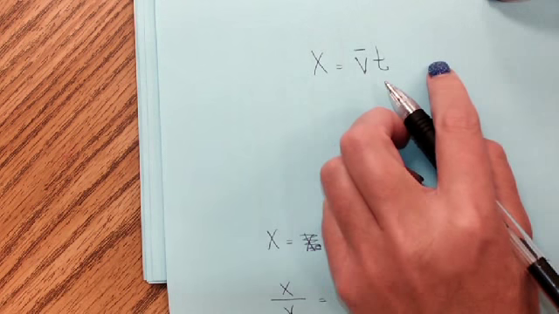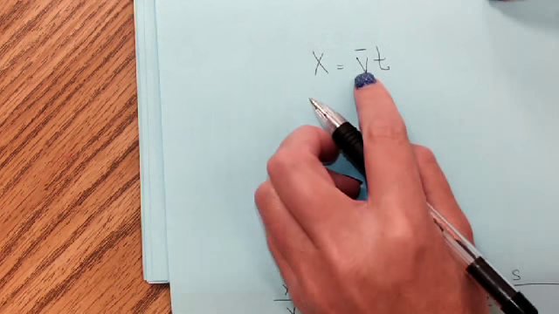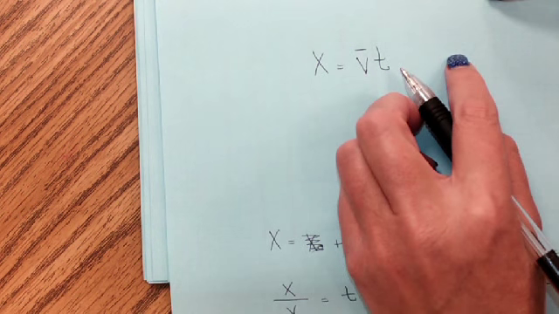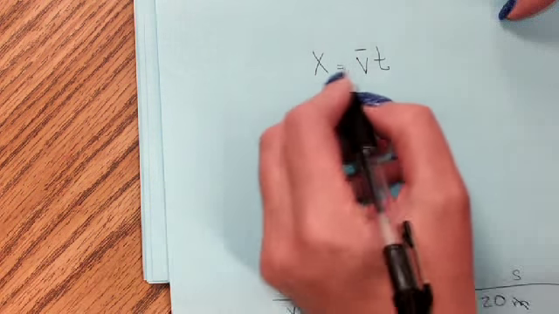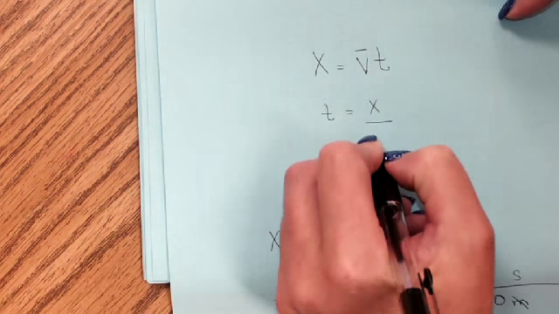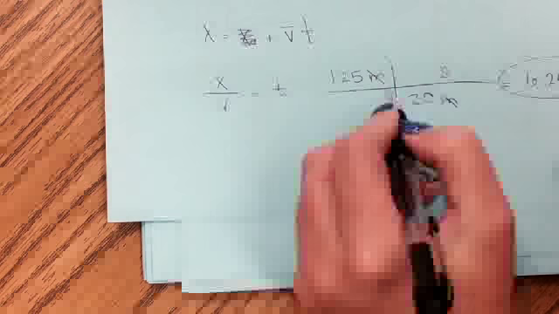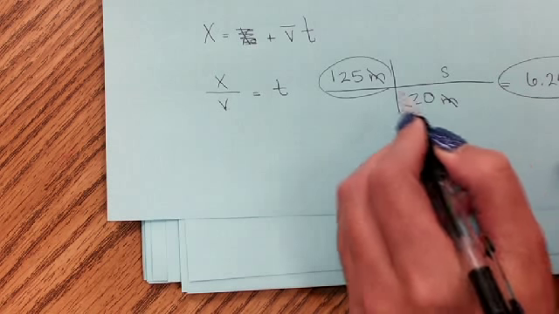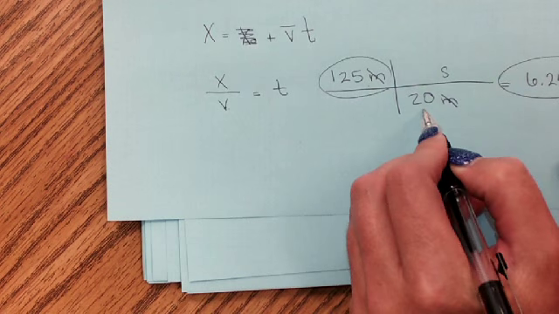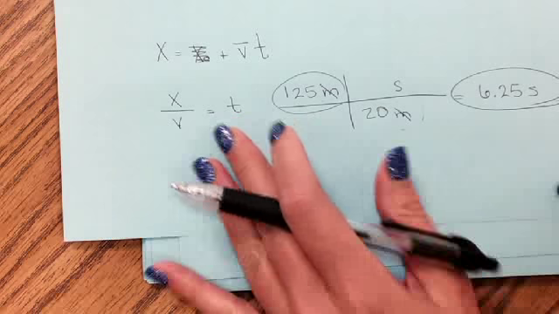So I'm also going to leave off the plus 1/2 at squared, because if I'm using the average, I can pretend there's no acceleration. Okay? So now I'm looking for time, so t would be x divided by v, and I'll go ahead and move it down here. Here's my x, here's my v. X divided by v. Seconds on the bottom, go to the top. I still get the same answer.